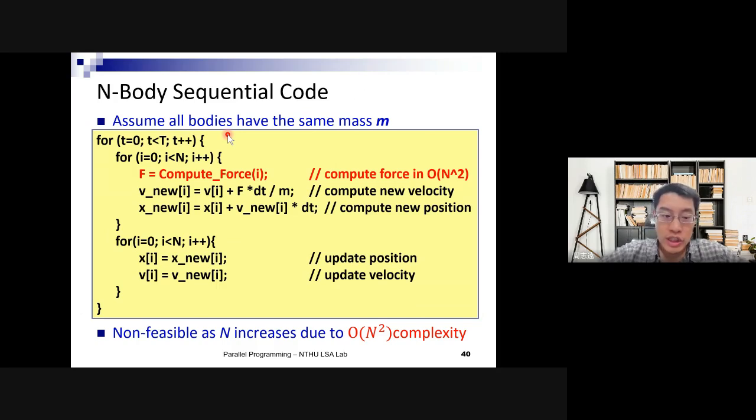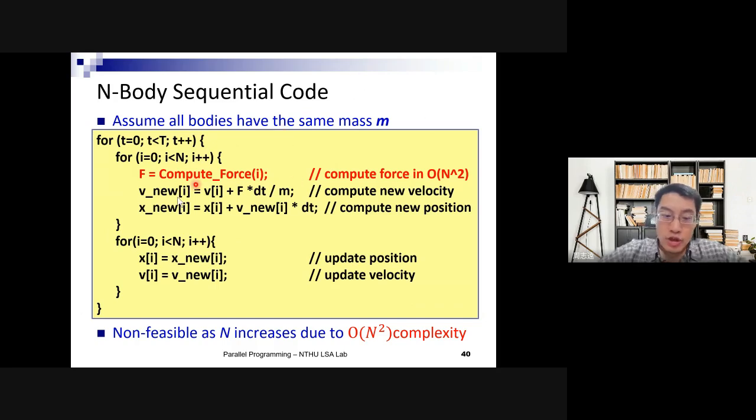Then we have a for loop that scans through each of the items, and each of the items needs to compute the force generated from other objects. This force computation alone takes O(n), and you have n bodies to simulate, so you have n squared. And of course, if you consider time steps, the complexity will grow even further.